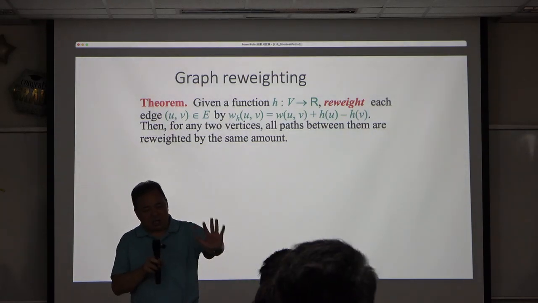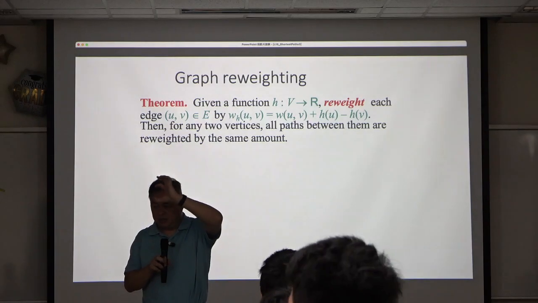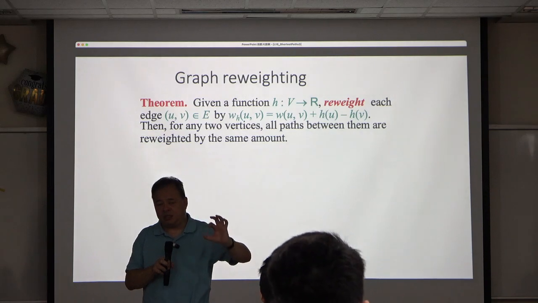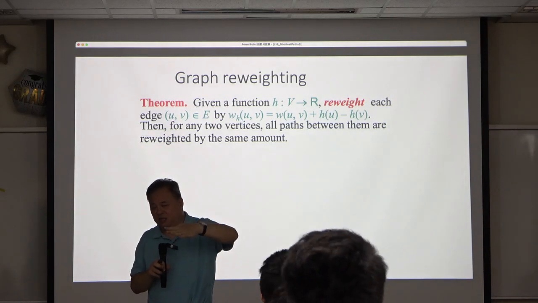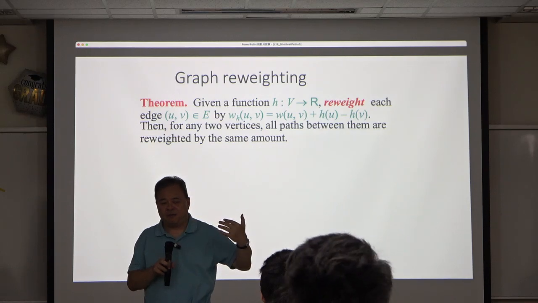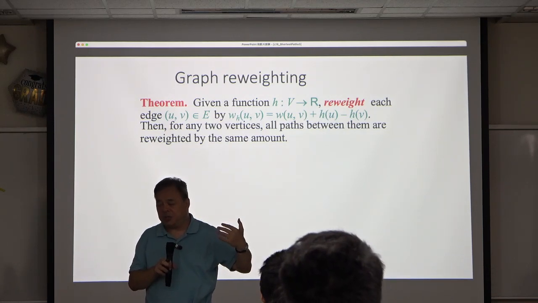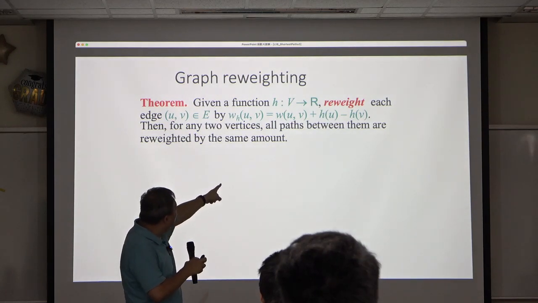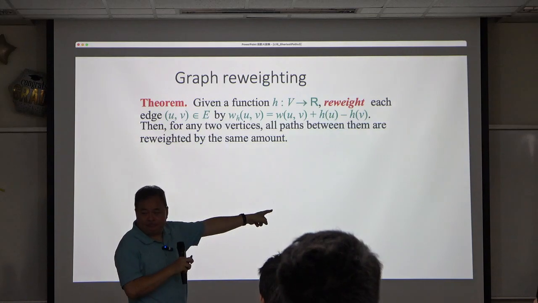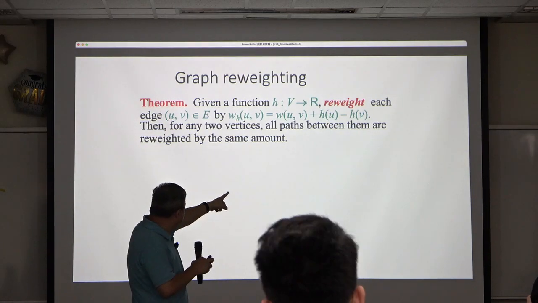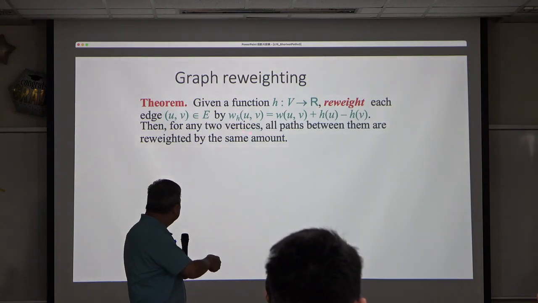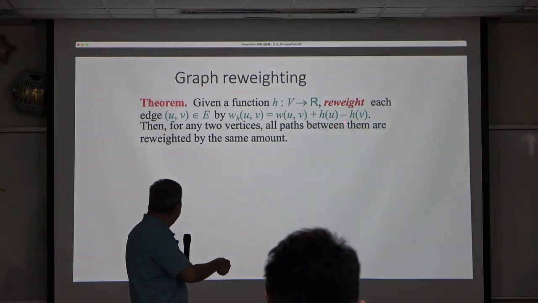You apply this function to your nodes to get a number, and then you indirectly change the weight of your edge from the original value to the original plus h(U) minus h(V). So for any two vertices, all paths between them are reweighted by the same amount.